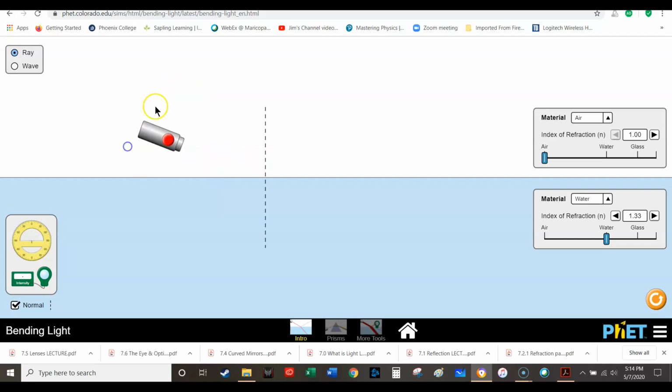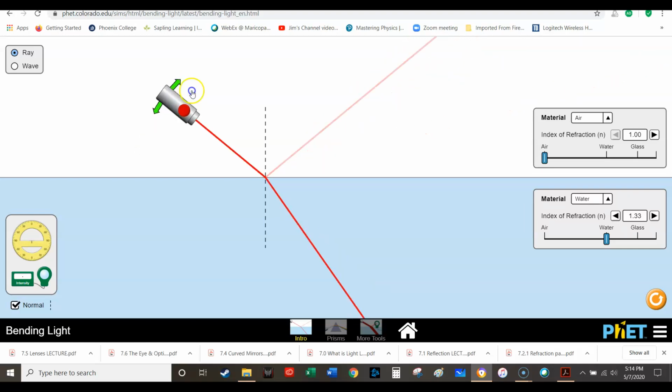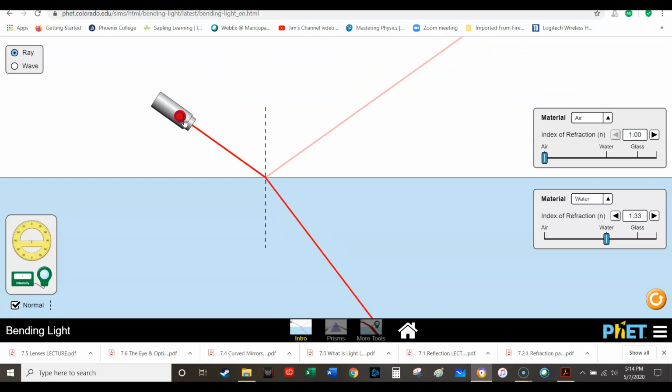So here you have a laser beam, and again, this is not a light source that throws out light in all directions. This is just a laser, so it sends out one beam. So you hit the button to turn it on, right? And you can angle this. And right now, this material is air, which has an index of refraction of 1, and it's listed right here.